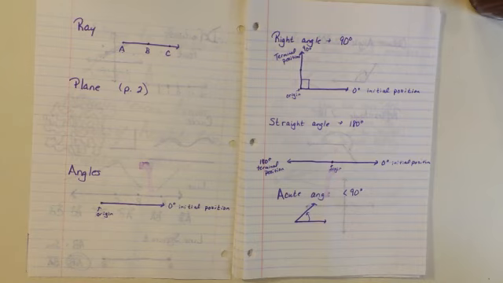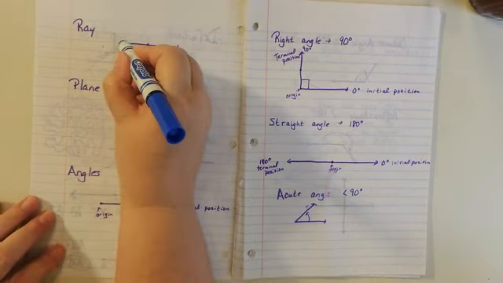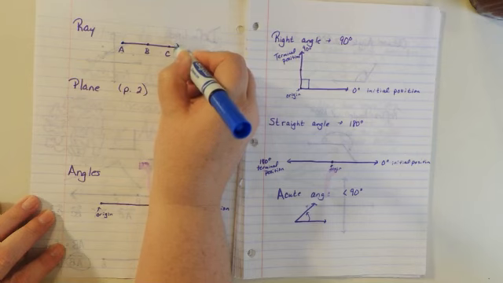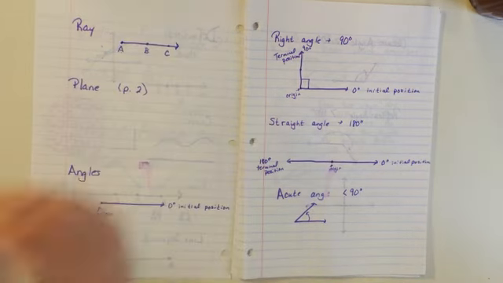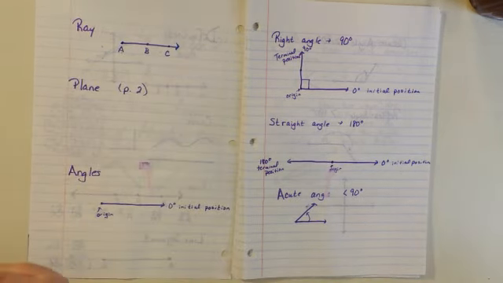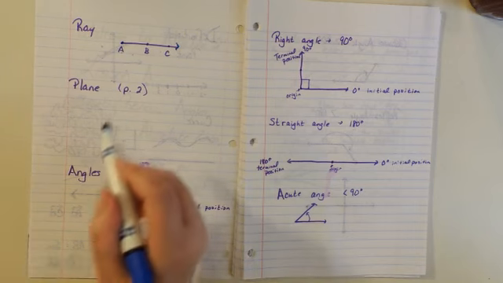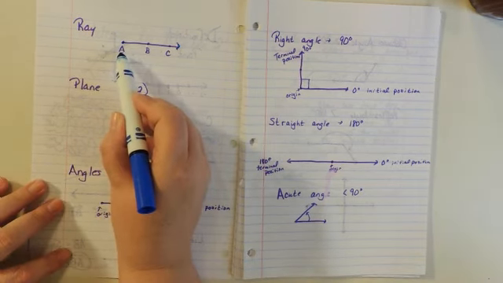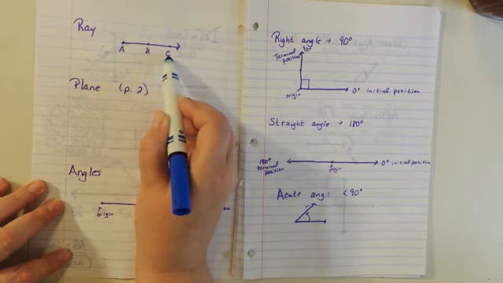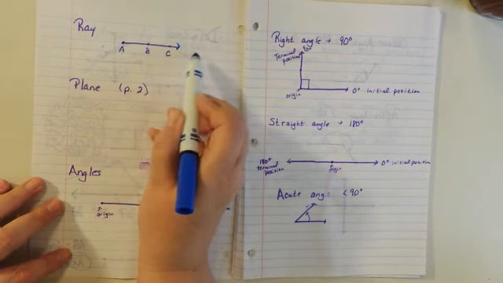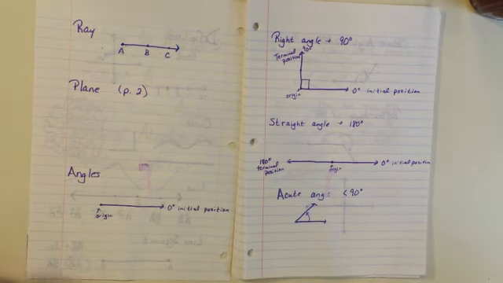A ray or a half line has one endpoint and then it continues on in the other direction. Sometimes we call this endpoint the origin. So the ray shown here starts at A, which is the origin, and goes on through B and then through C, and then continues with no end.